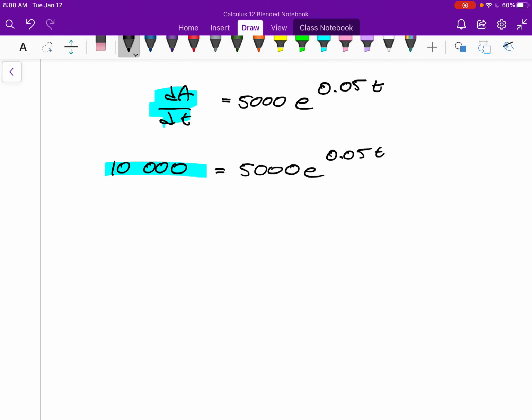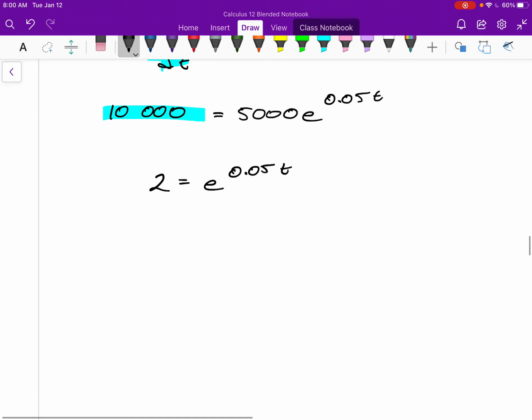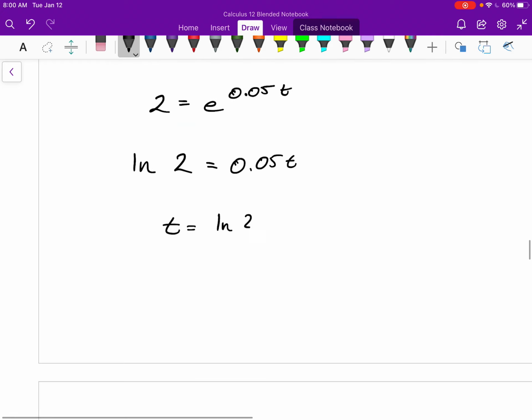And hopefully I do that without screwing up. Divide both sides by 5,000. I get 2 equals e to the 0.05t. Put this in logarithmic form. I get the ln of 2 equals 0.05t. So t equals the ln of 2 divided by 0.05. Which, if I were to decimalize it, I get about 13.86 years.